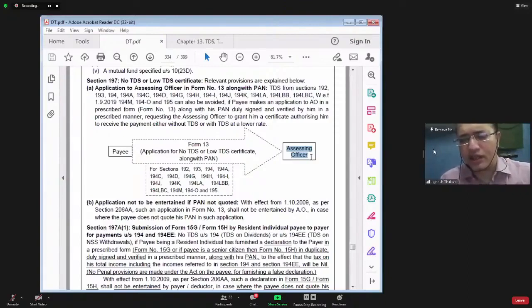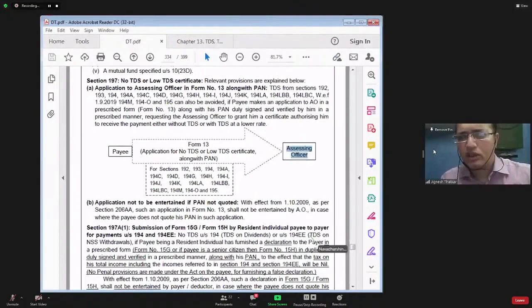So what will the assessing officer ideally do? He will take out the percentage of that 33,800 amount on an amount of 6 lakhs. So 33,800 into 100 by 6 lakhs. That would be around 6%. It is 5.63%.